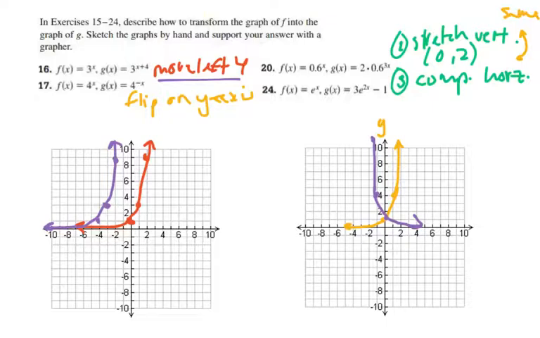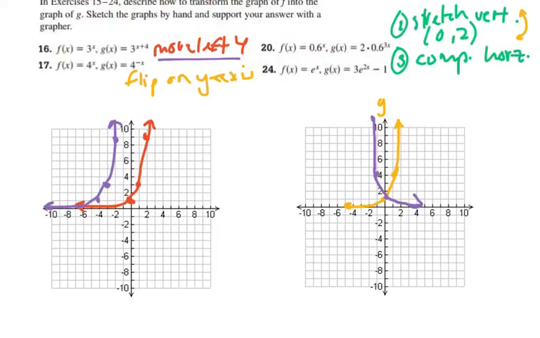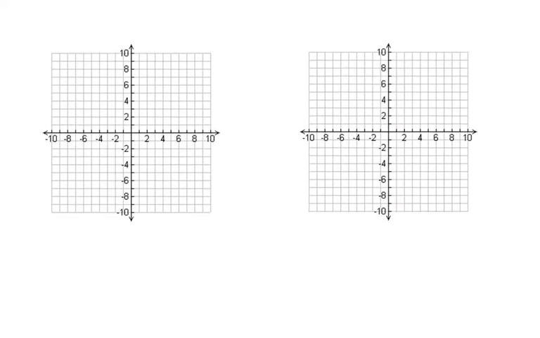Alright, so if we go ahead and graph these, let's see. I'm going to graph the original in green. So we graph 0, 1 for our original equation, and over 1 at 0.6, and then a bunch of other small numbers.